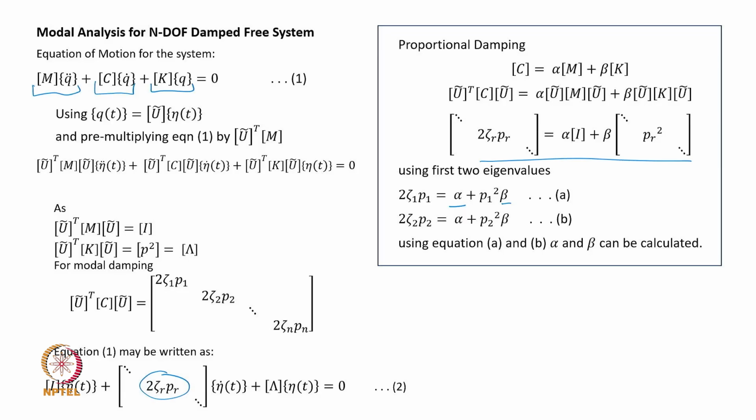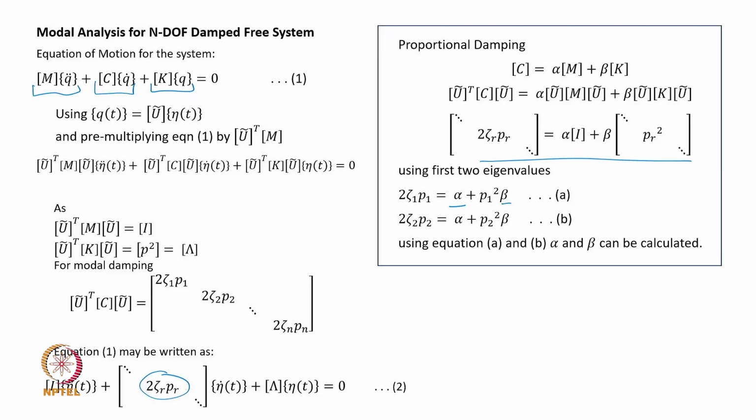And in this particular case, we have seen that although C strictly will not get diagonalized even if you pre and post multiply with the orthonormal modal matrix, as an assumption we treat that as an approximation, that with that multiplication the diagonal elements can be treated as 2 zeta_r p_r. We have shown that they are like C over M, which turns out to be 2 zeta p_r for a single degree of freedom system.